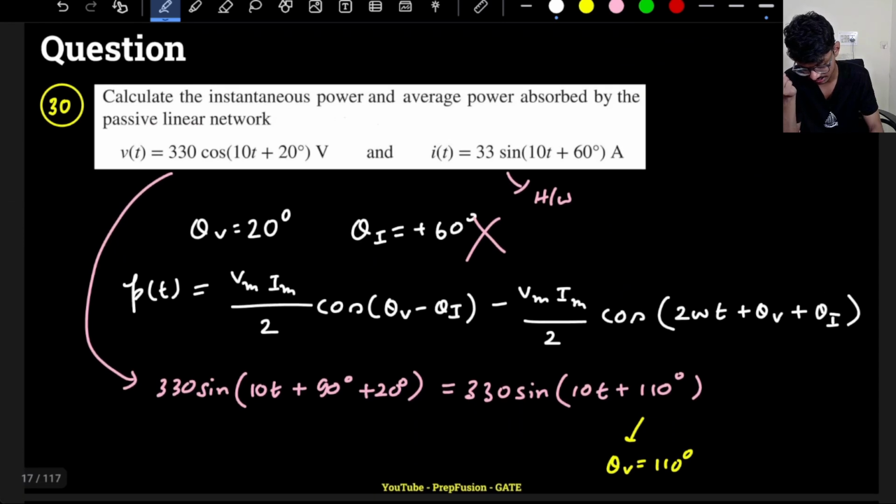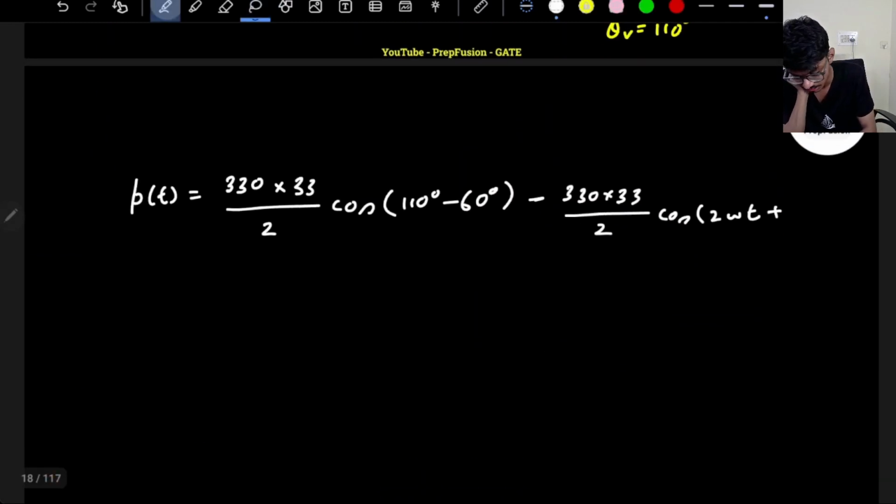Theta I is 60 degrees. So this part is wrong actually. Theta V equal to 20 is wrong. So this is 20 degrees plus 60 degrees.